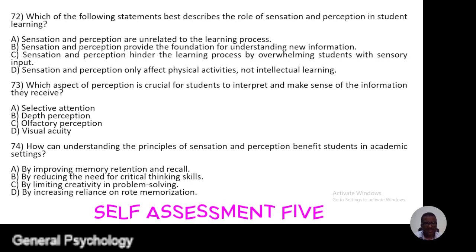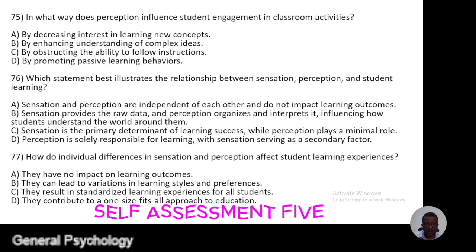How can understanding the principles of sensation and perception benefit students in academic settings? A. By improving memory, retention and recall. B. By reducing the need for critical thinking skills. C. By limiting creativity in problem solving. D. By increasing reliance on rote memorization.